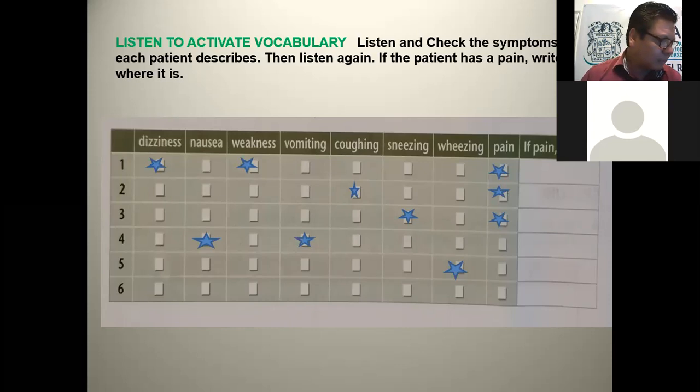He has a pain in his hip. He has pain? Okay. But I don't remember if he has symptoms. No, we have the sick patient that you listened. The number 1.